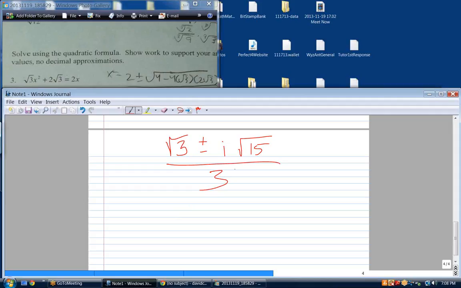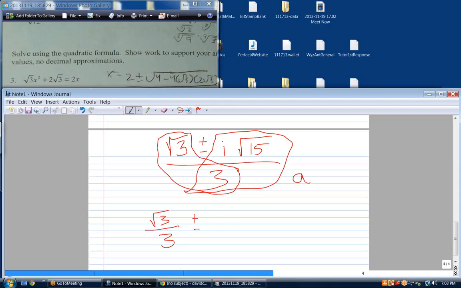What is the last step? Splitting it into two fractions. So the first fraction would be square root of 3 over 3. And then the second one would be i square root 15 over 3. Yeah, but remember standard format is A plus Bi.